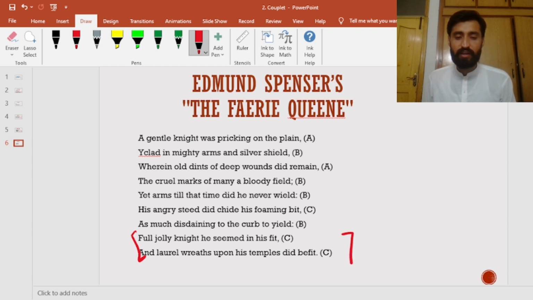Simply both of them are rhyming the same, CC, and it completes the overall thought of the stanza. So this is what a Spenserian stanza is.